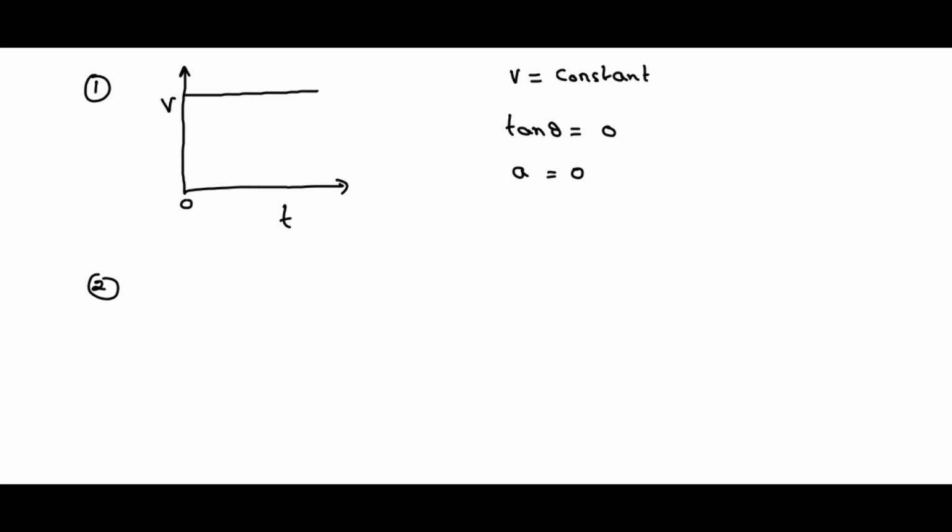Suppose the VT graph is a straight line passing through the origin. That means when time t is 0, the velocity is 0. As time increases, the velocity also increases linearly. In this case, the angle theta remains constant, so tan theta is constant.